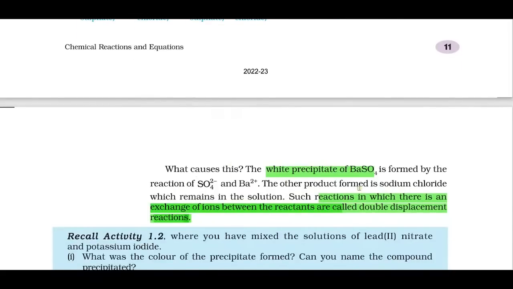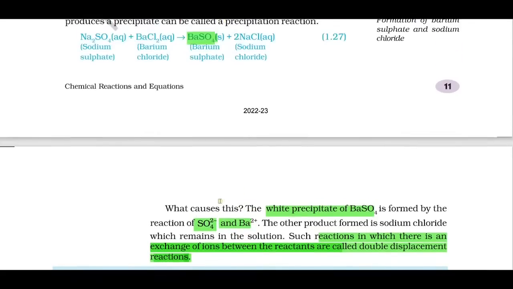This white precipitate is formed by the reaction of which ions? You can see here, SO4 2 minus and Ba2 plus.